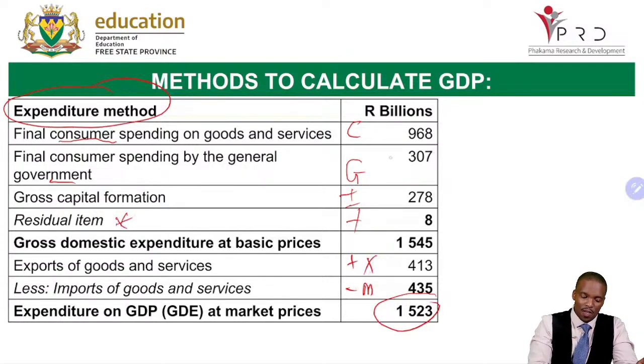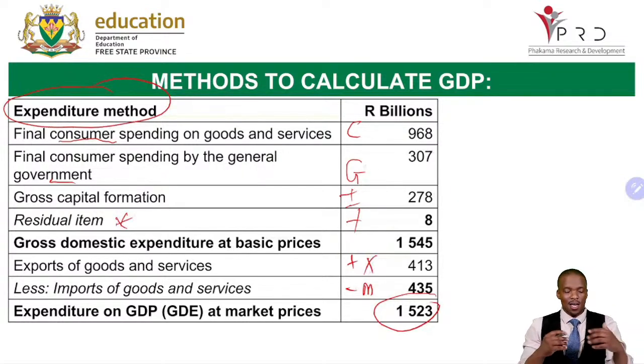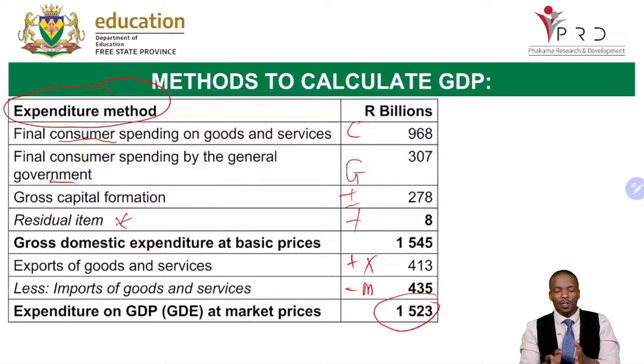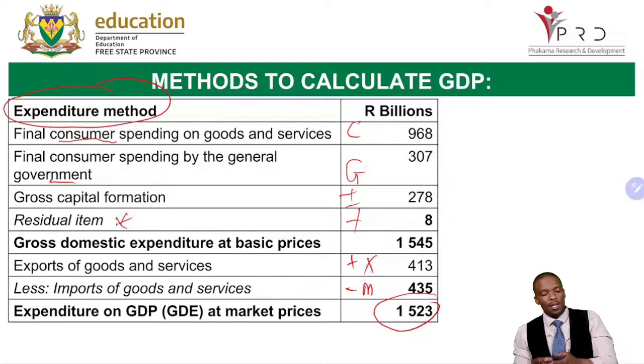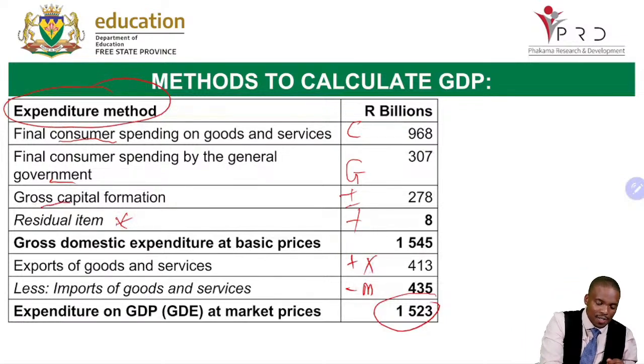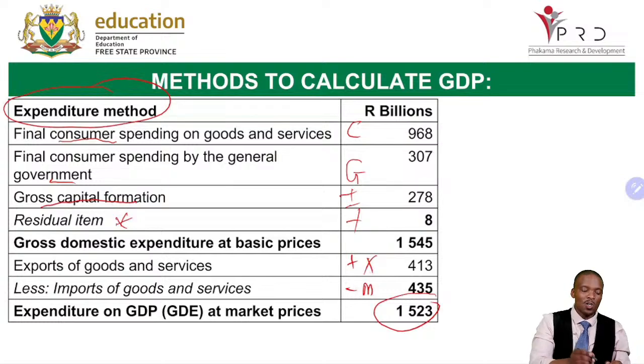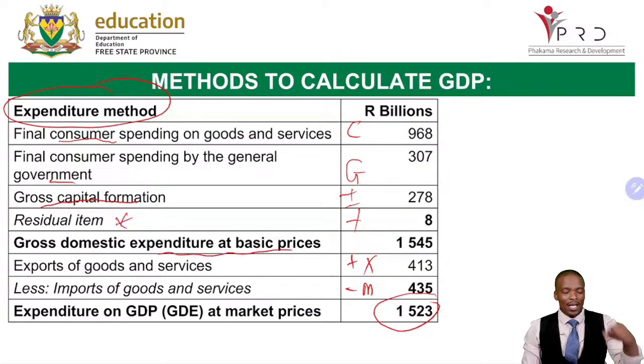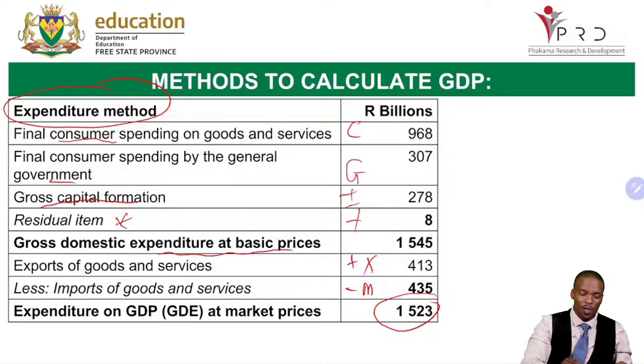Again, percentage, you check what is given and you underline here, calculate something as a percentage of something. Okay, let me put it in terms now. Calculate gross capital formation as a percentage of GDE at basic prices. So the one that you are calculating is at the top. So you'll take the gross capital formation amount, which is 280 or 278.